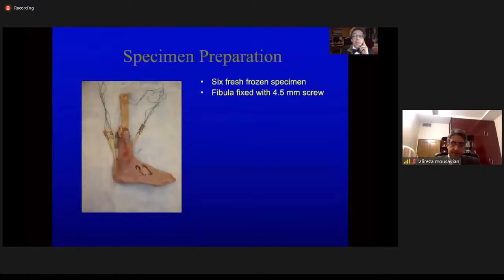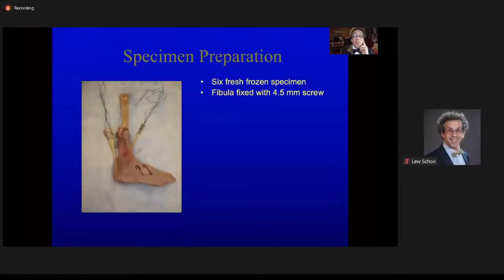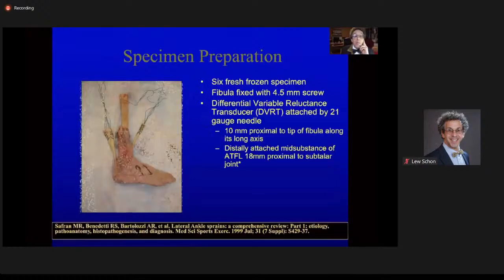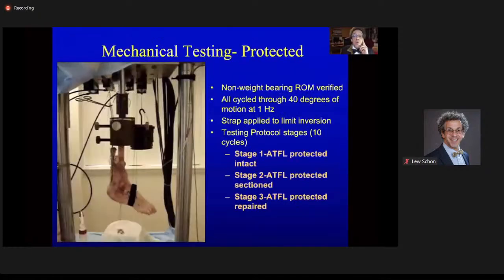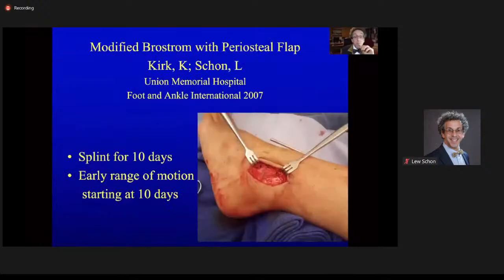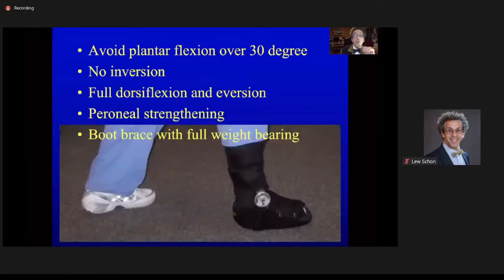And we basically showed that if you do early weight bearing and avoid plantar flexion, inversion and 30 degrees of plantar flexion or more is to be avoided.